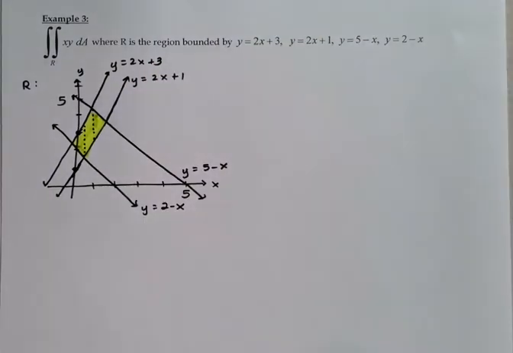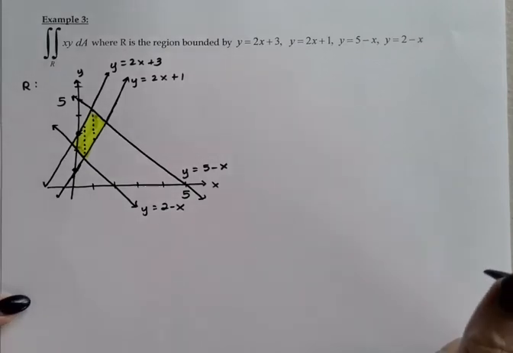So there would be 3 distinct pieces that I would have to do to set up this integral. And it's exactly the same if I go horizontally. So in order to avoid having to do 3 double integrals, I'm going to say, could I just change my variables, do a transformation, and maybe get a nicer region?